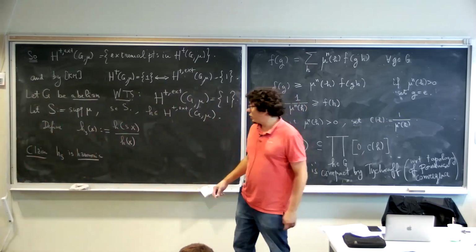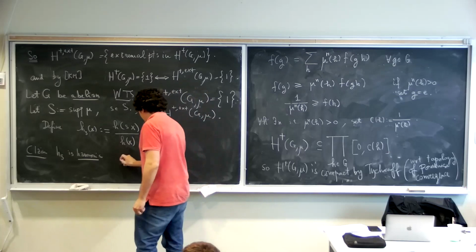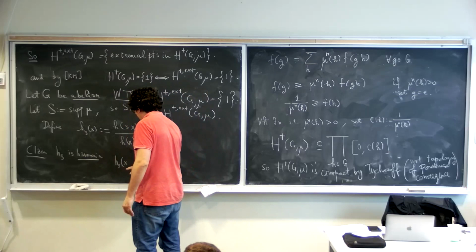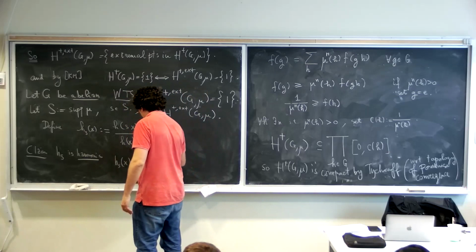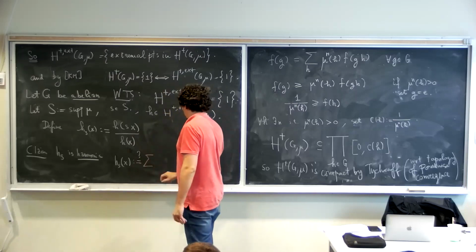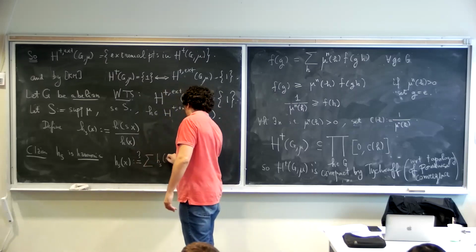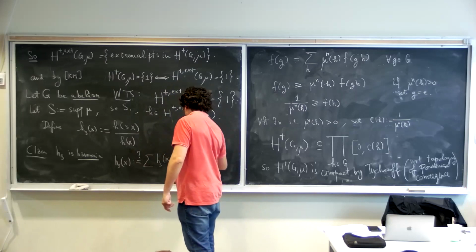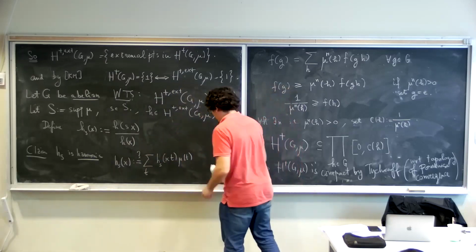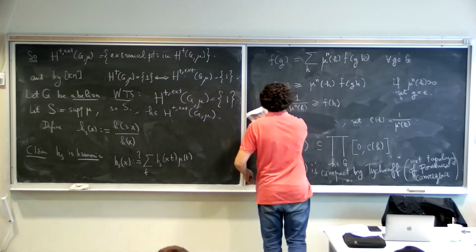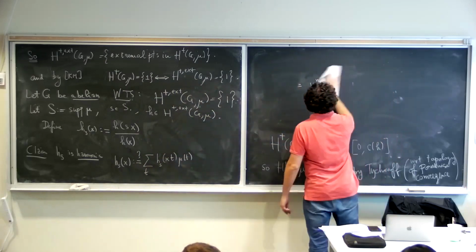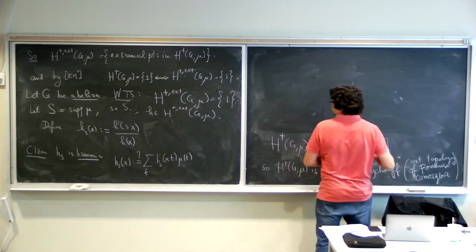So, well, we just have to check. So let's see. What is H_S of x? You want to check whether this is the same as the sum of H_S of xt times mu of t. And so let's see.